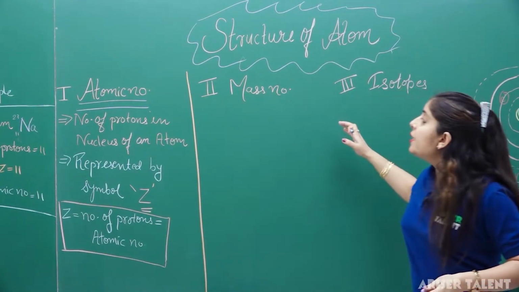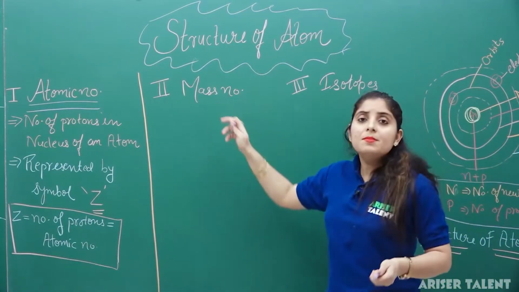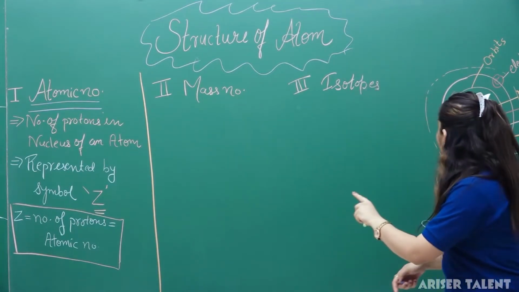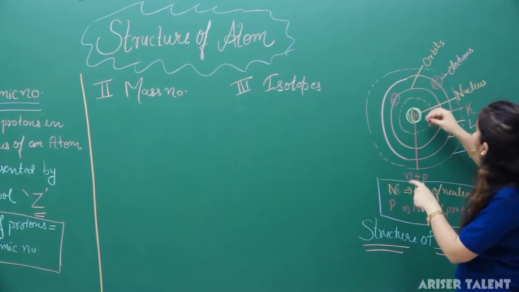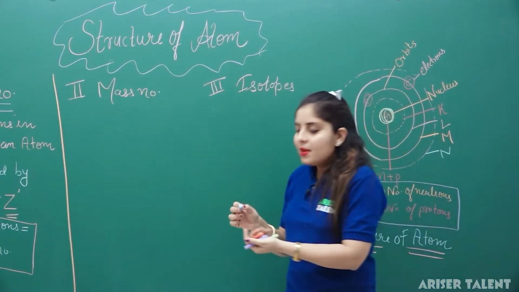Now we proceed to our next term, that is the mass number of an element. As the name suggests, mass number will be the sum of two things. The mass number is the sum of neutrons and protons present in the nucleus of an atom.